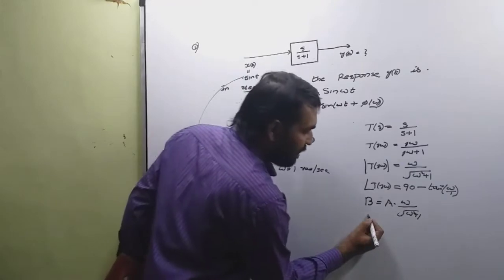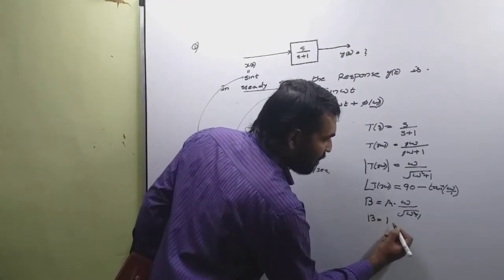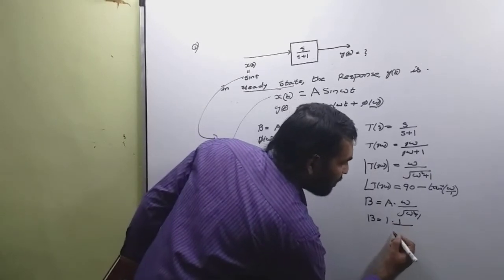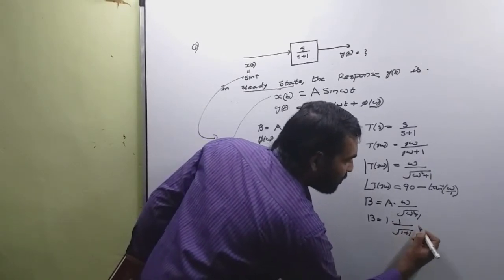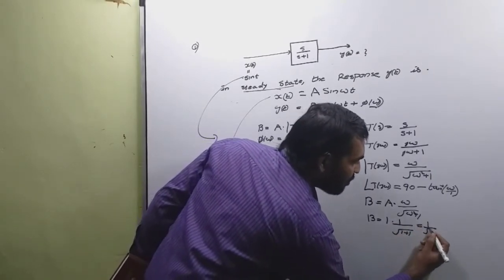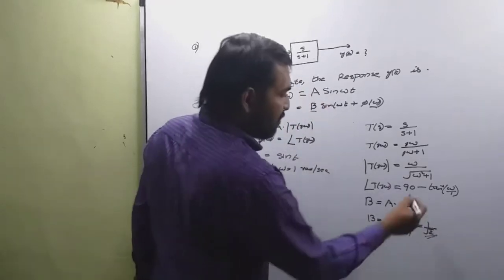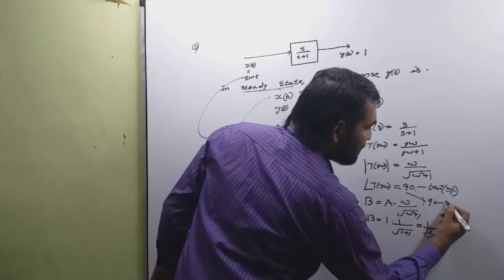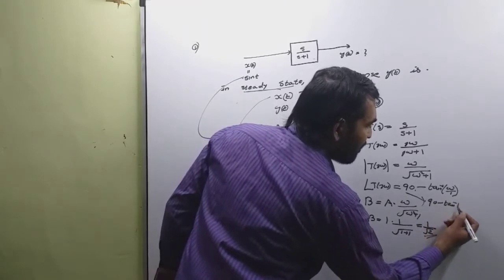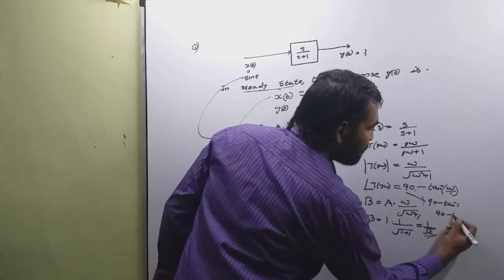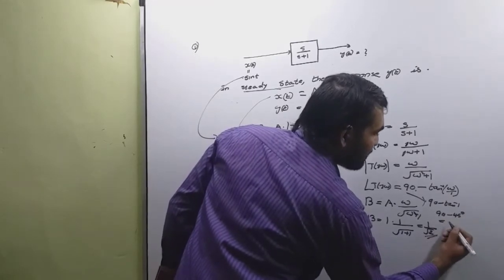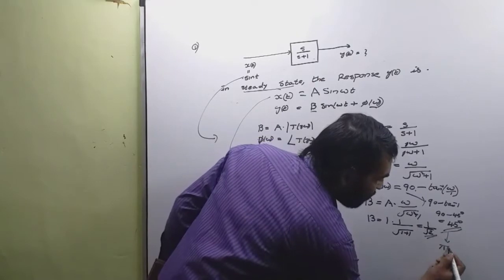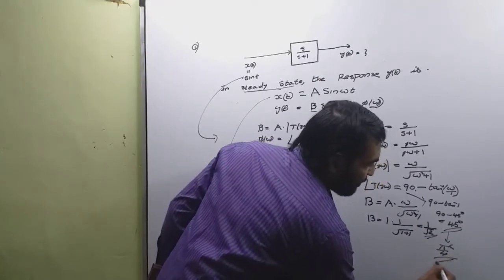So the value of B is equal to 1 into 1 divided by root of 1 plus 1, that is equal to 1 by root 2. And the phase is equal to 90 minus tan inverse 1, that is 90 minus 45 degrees, that is equal to 45 degrees, pi by 4 radian.